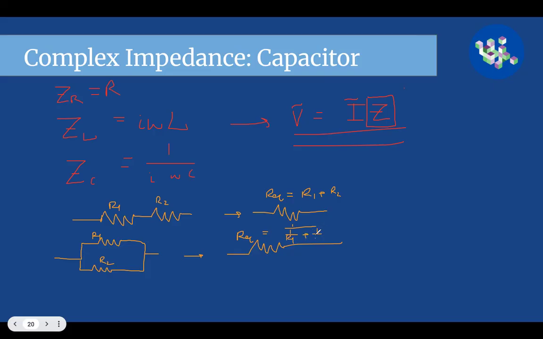This is just like connecting resistors in series and parallel. If you don't remember it, check out the lecture recordings or try to rederive it yourself.